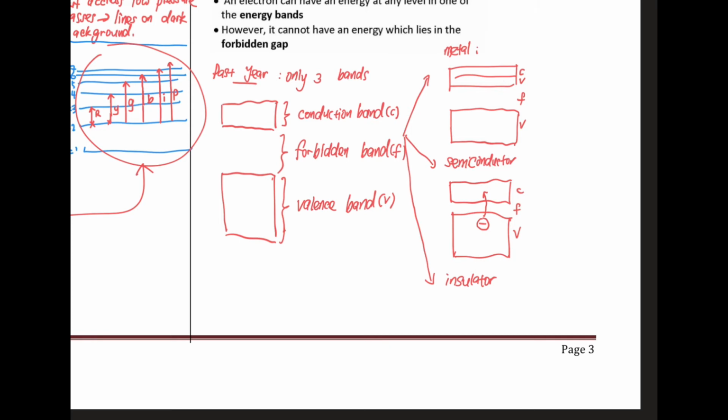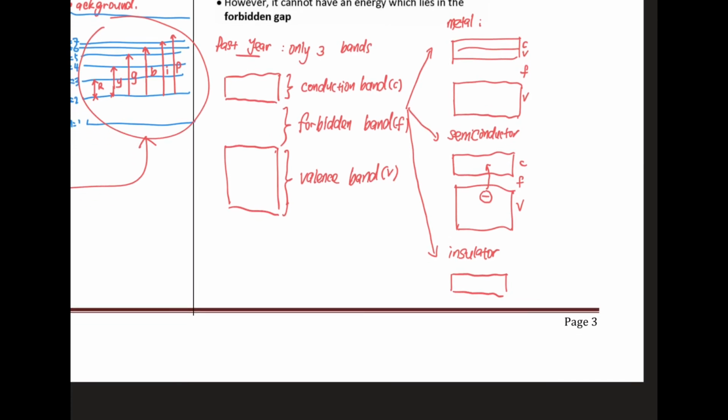Then, okay, insulator. So insulator, basically we have a conduction band with no electrons, and then there is a very big gap for the F, and then the valence band is very far below of it. The problem is, first, no electron in the conduction band, so that's why I cannot conduct electricity.